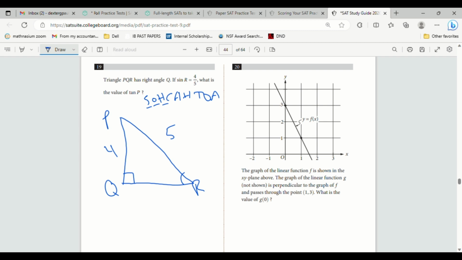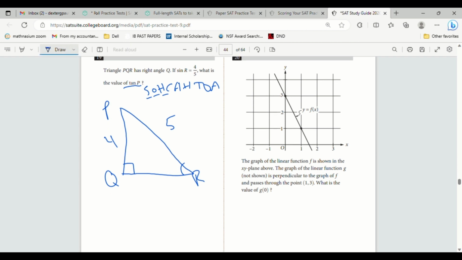Now the question wants the value of tangent P. Well, we don't know this side length, but we can remember our Pythagorean triples. If I have a right triangle and I see side lengths 4 and 5, automatically we know that the other side length is 3, because a 3, 4, 5 right triangle is a Pythagorean triple.